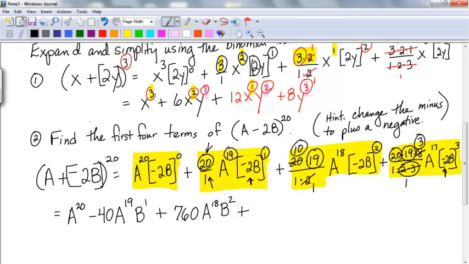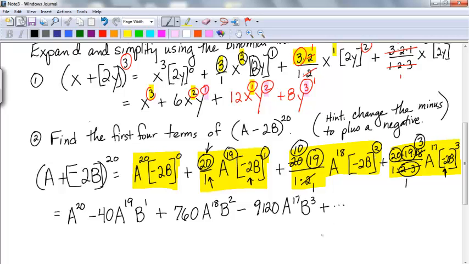What's a negative 2 cubed? Negative 8. So we need to take negative 8 times 3 times 19 times 20. Should end up with, then we're going to have to change this because it's a negative, 9,120. And then a to the 17th, b to the third. And then it would be plus dot dot dot.